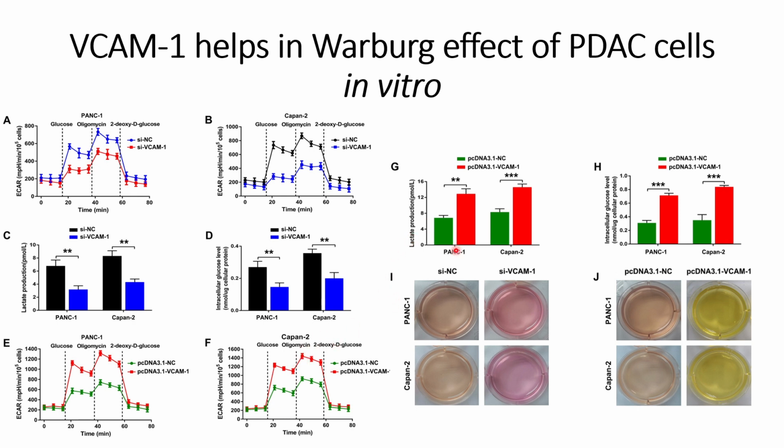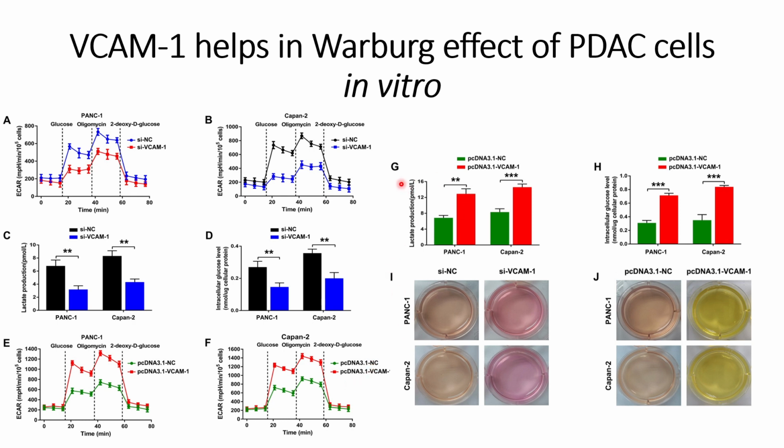These things are not quantified in this figure, but the results are visible in panel E and panel F, indicating that there is an increase in the extracellular acidification rate whenever VCAM-1 is overexpressed in the PANC1 and KPN2 cell lines. And the lactate production and the intracellular glucose levels are also upregulated with the overexpression of VCAM.